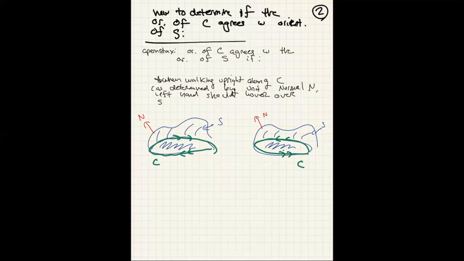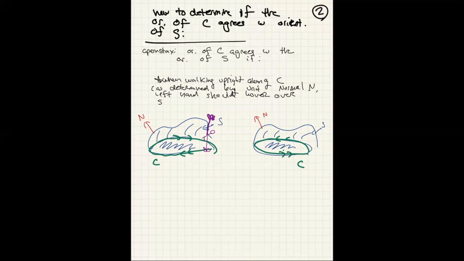Okay, so let me draw a little stick person over here on the left. On the left, you're a stick person walking along this curve, and you're upright according to the N vector. Your left arm, I'll draw a really big left arm with your hand, is hovering over the S, and your right arm is not.